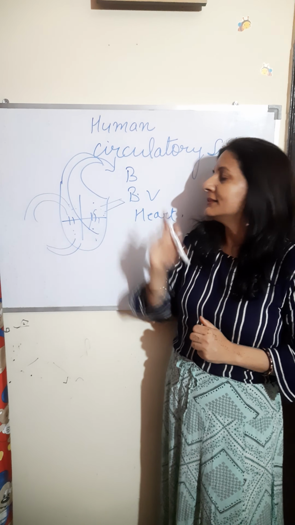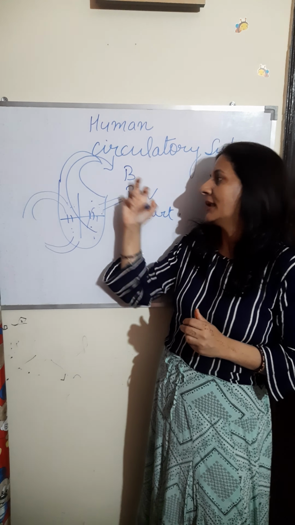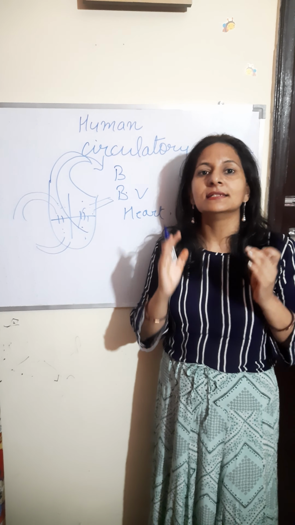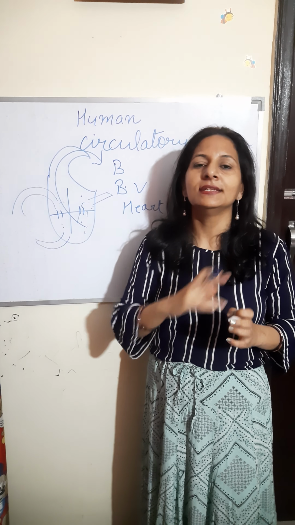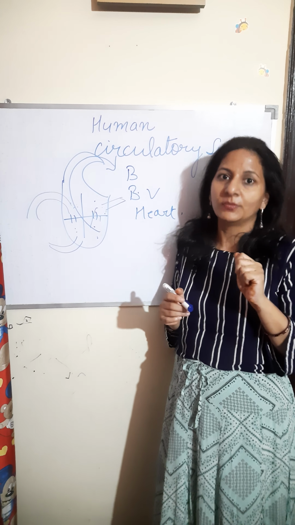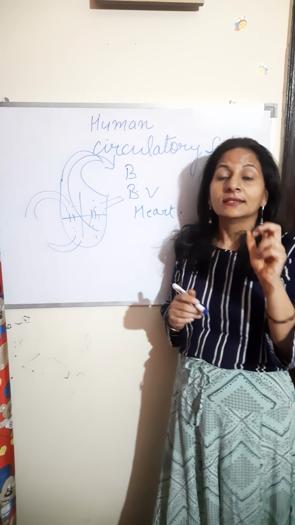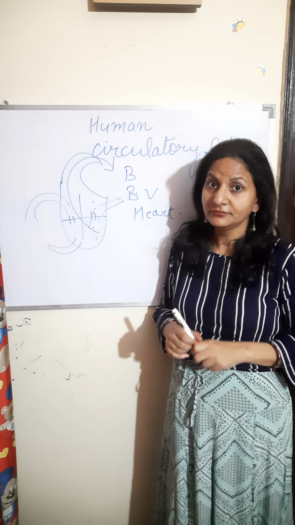Then the first and the most important thing that circulates in all this is the blood. Blood is, you can say, a liquid which travels in all these blood vessels. Blood is divided into 2 parts, that is the cells and the plasma.